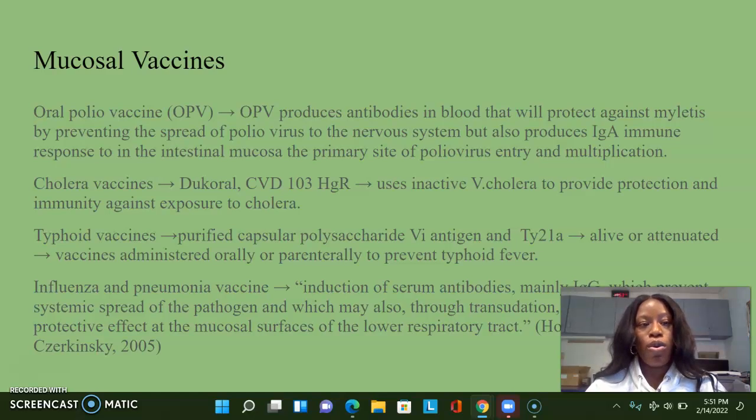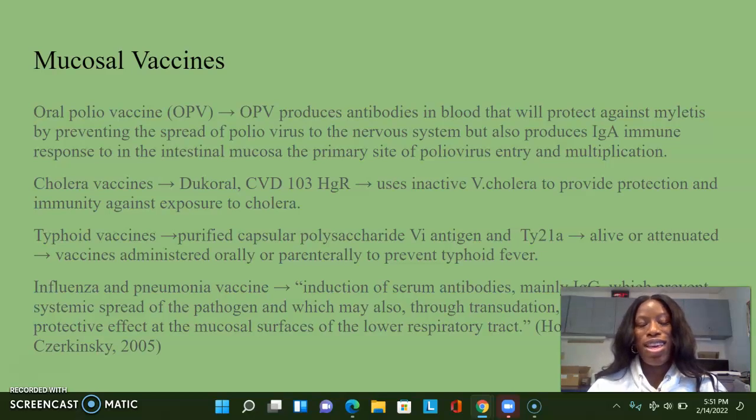We have the oral polio vaccine, which produces antibodies in the blood, helping to prevent the spread of poliovirus in the nervous system. But it has also been shown to produce an IgA immune response in the intestinal mucosa, which is the site of poliovirus entry and multiplication.